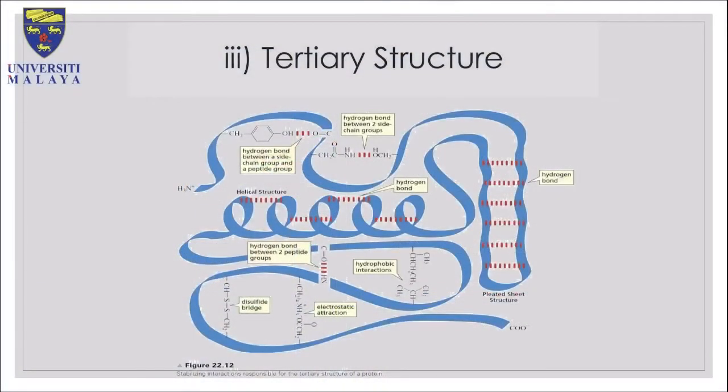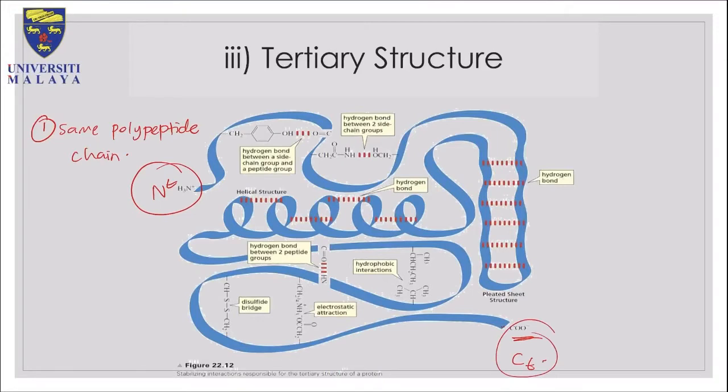Okay, and as a tertiary structure, as I mentioned, it just needs to be in the same polypeptide chain. If you look at the blue, it starts from the C terminal here, ends at an N terminal on the top over here, and they are all connected via the same covalent backbone.